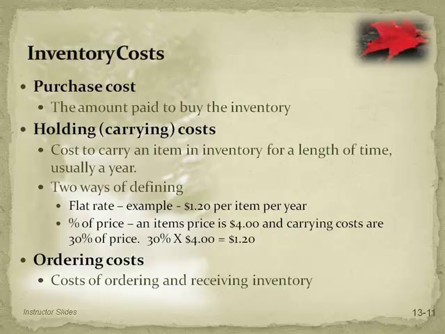Ordering the inventory item would include the cost of the purchasing department. I have people that work in my purchasing or procurement department. They have salaries and benefits. There is a computer system that they use. What is the cost associated with that computer system that they must use for ordering the materials?